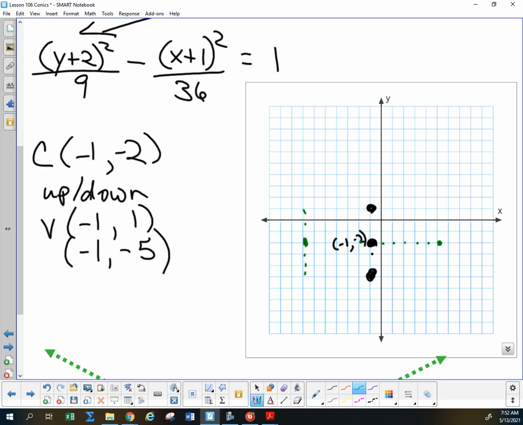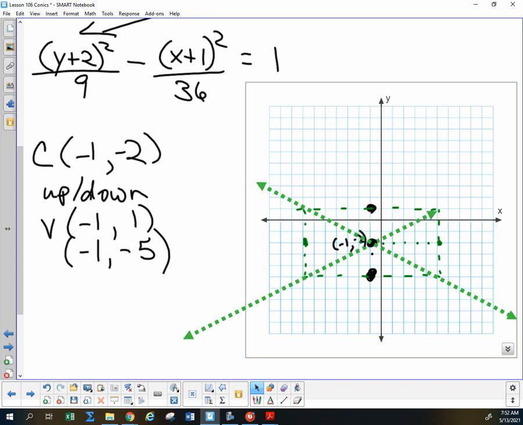That lets me draw my box here. And then I can put in my guiding asymptotes that go through the center of the hyperbola and the corners of the box.